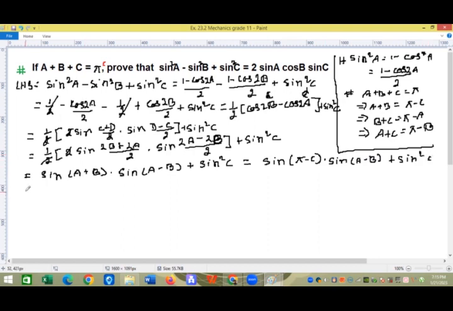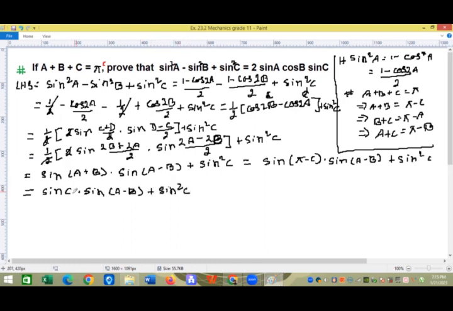Then the next step is, you know that sine 180 minus theta is sine theta, because this is in the second quadrant, and in the second quadrant sine remains sine for 180 minus theta. So in place of theta we have c. Then it is sine a minus b, and then plus sine square c.